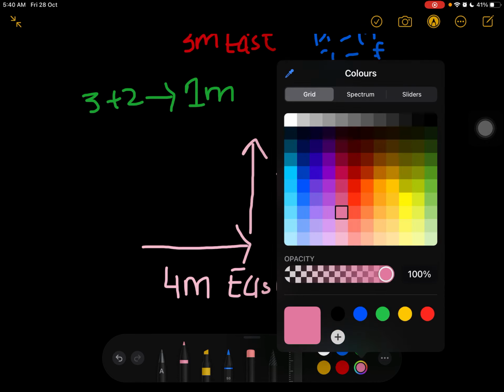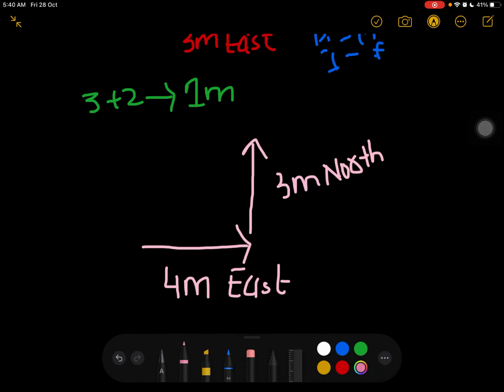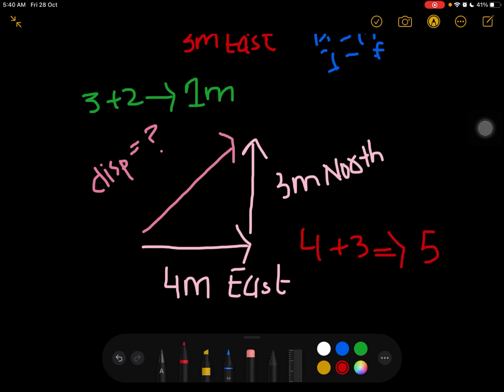So over here, what is displacement? Displacement is the shortest distance from the final position to the initial position. So over here, when we add 4 plus 3, the answer will be 5 meter, not 7 meter.